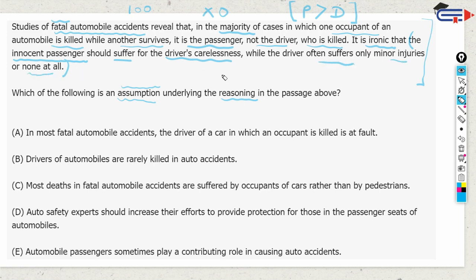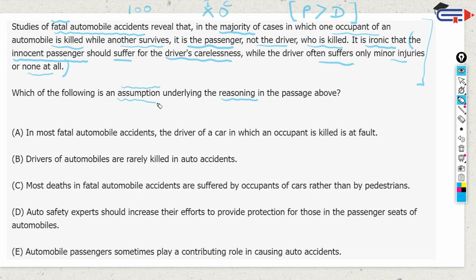So they are saying it is sad that innocent people are dying, so the passenger is innocent, and the driver is careless. The careless person is not dying, but the innocent person is dying. That's the whole essence of the argument.